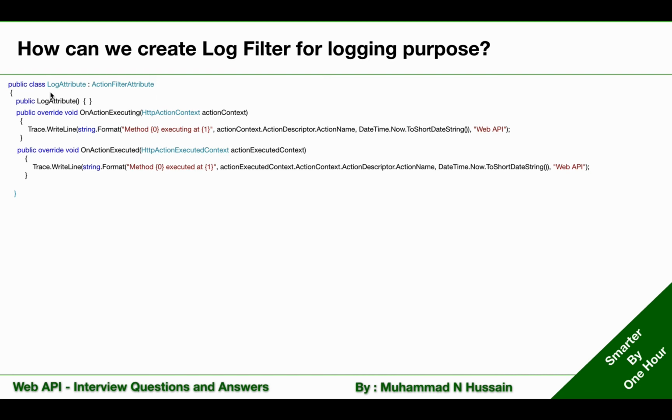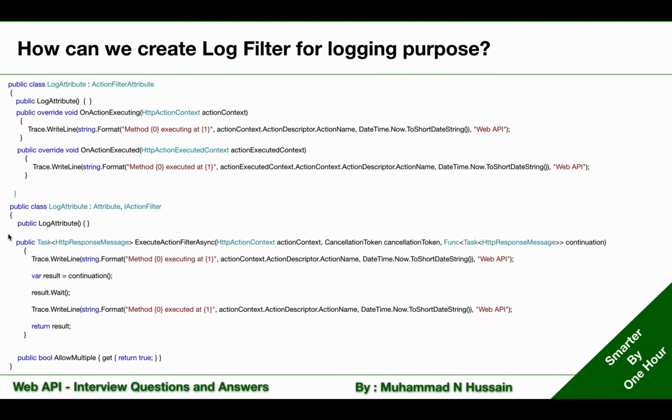Now if you want to use an interface, similar to this one, I have created a log attribute class, and that class I'm inheriting from the Attribute class, and I'm implementing the IActionFilter interface. This IActionFilter interface contains the ExecuteActionFilterAsync method declaration, which we can implement in this log attribute class to achieve this goal.